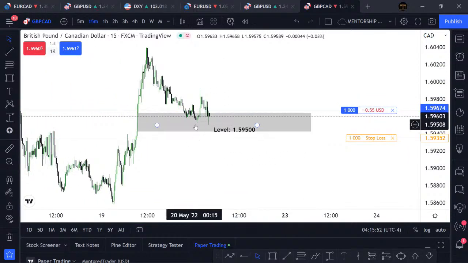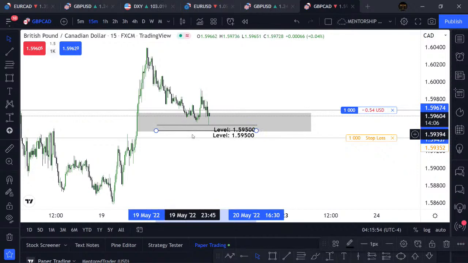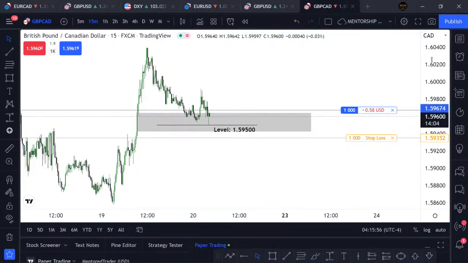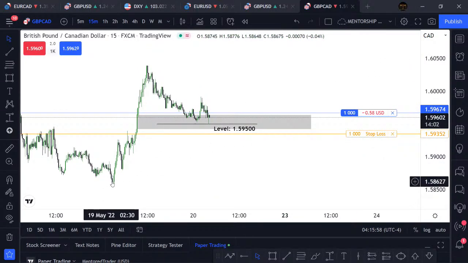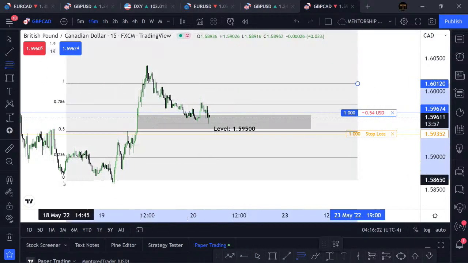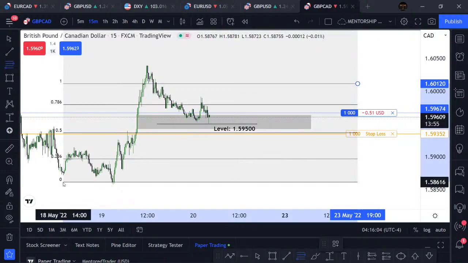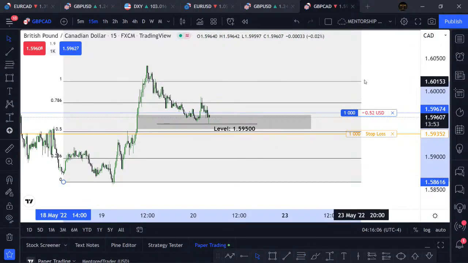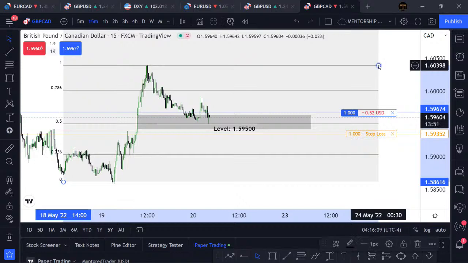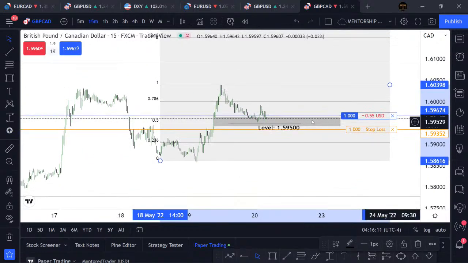My stop loss is down here. For a Fibonacci, I'm going to mark from this low to this high for my take profits. That to that for my next take profit.